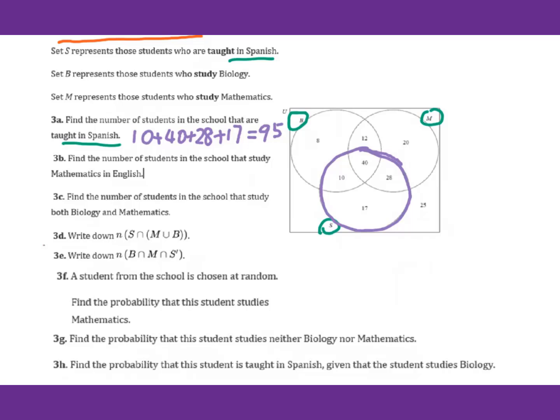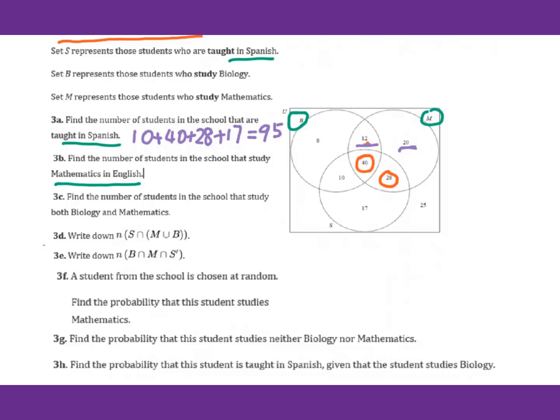3b, find the number of students in school that study mathematics in English. When you answer this question, you have to know the meaning. For this, 28 and 40 mean those students who are studying mathematics in Spanish. 12 and 20 mean those students who study mathematics in English, not in Spanish.